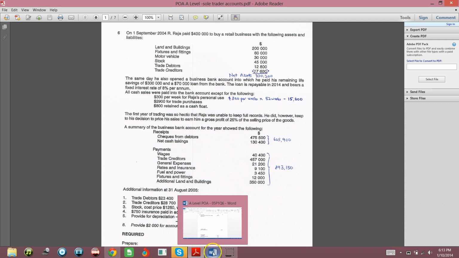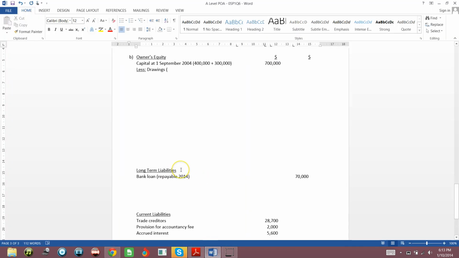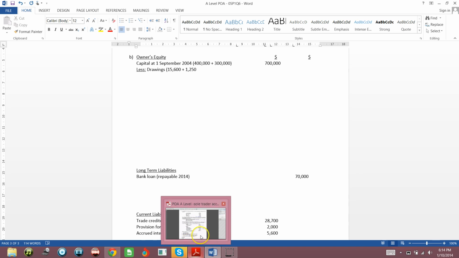So the drawings would be 15600 plus 1250. I won't close the bracket first because I'm afraid I might leave out something.